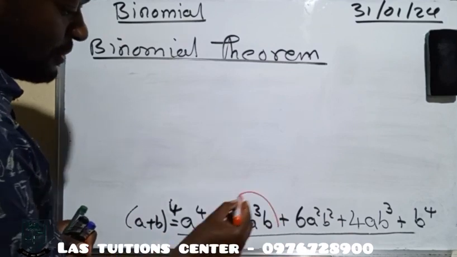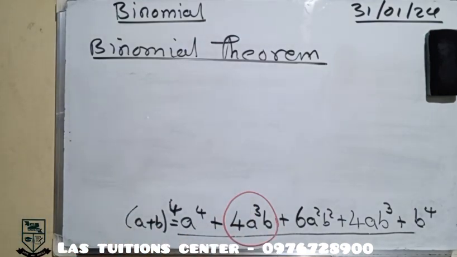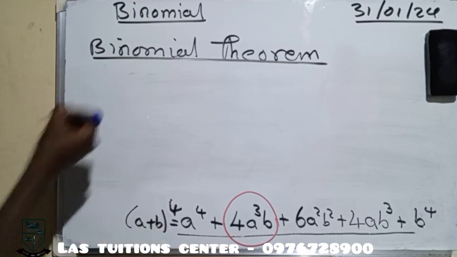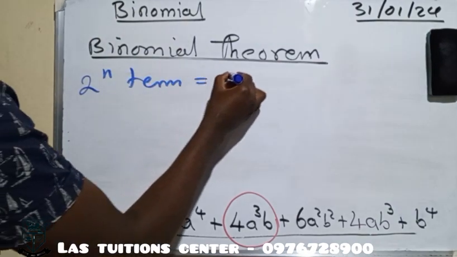Sometimes you can be asked to find the second term in the expansion of this. When you're asked to find the second term, this simply means r is equal to 2.